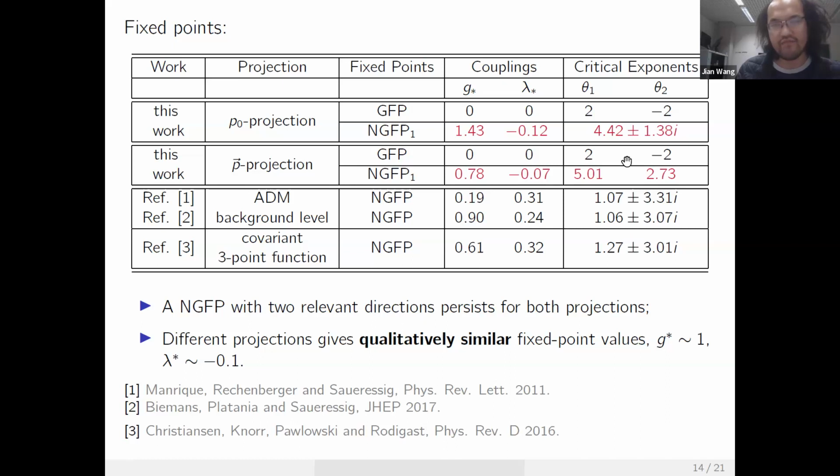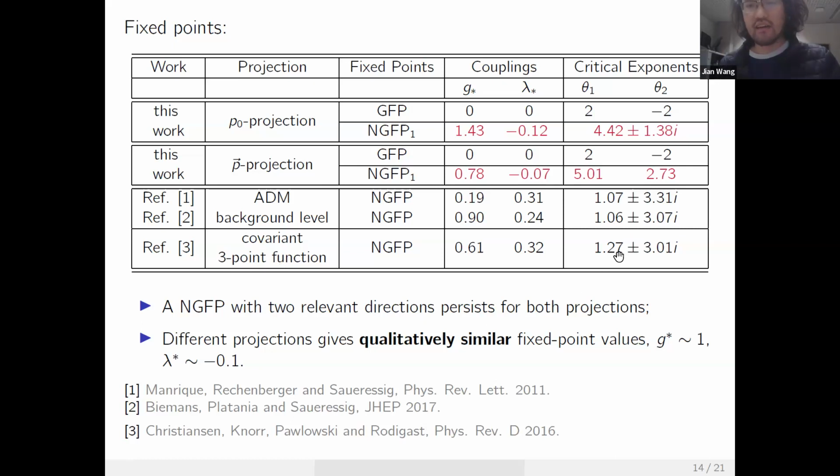This feature agrees with other computations. For comparison, we also give the background computation in ADM form, where they also have two relevant directions. In addition, we also give the fluctuation computation in the current case, where they have already included the Newton coupling from the 3-point function.